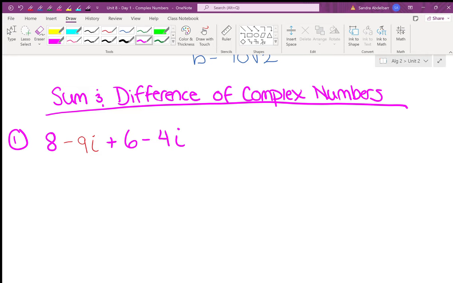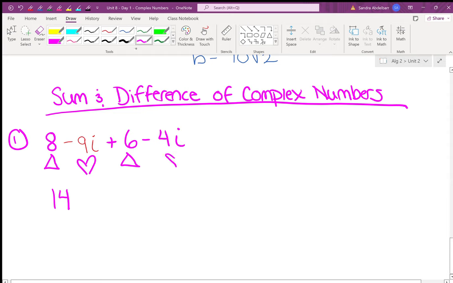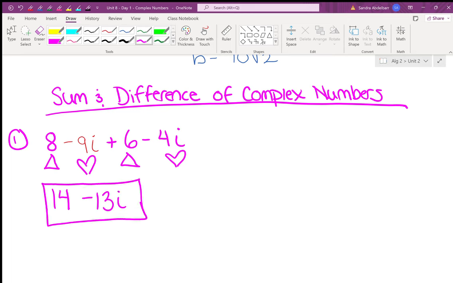Just imagine that i was an x and you guys would know how to simplify this. So we combine our like terms, which means I can add 8 and 6. 8 plus 6 is 14. Then I could add a negative 9i and a negative 4i. What's a negative 9i minus 4i? Negative 13i. We cannot combine the 14 and negative 13i because they're not like terms.